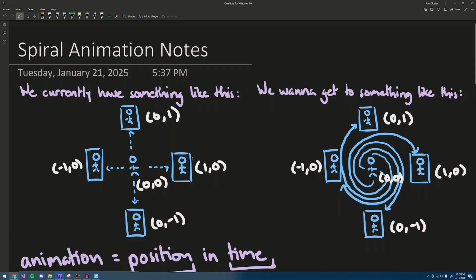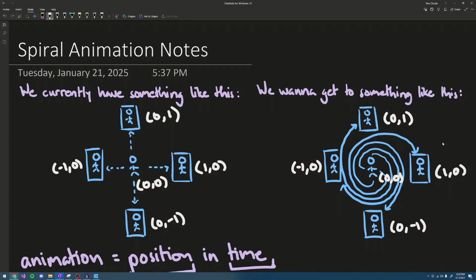Now, if we look on the right here, we actually can still see a similar behavior occurring. We start at the origin, 0, 0, and we expand outwards to any of those positions. Linear interpolation in this case creates this growing feeling from going from the origin out to some pre-designated spot. On the right here, we still have that expansion happening over time, where we start from the origin and we end up at one of these targets.